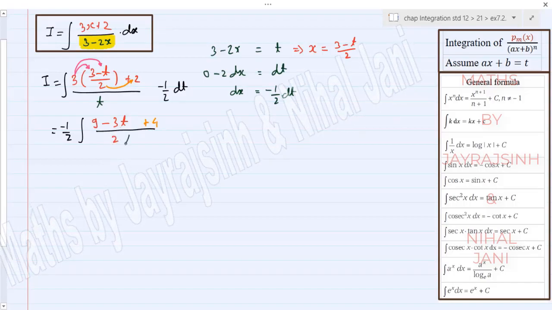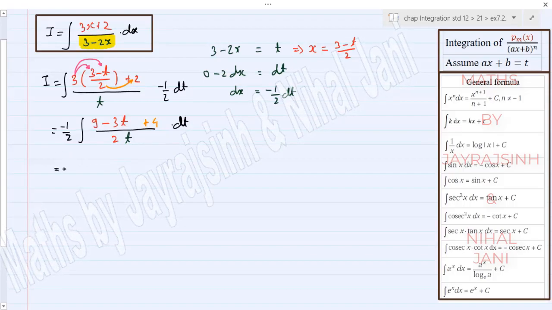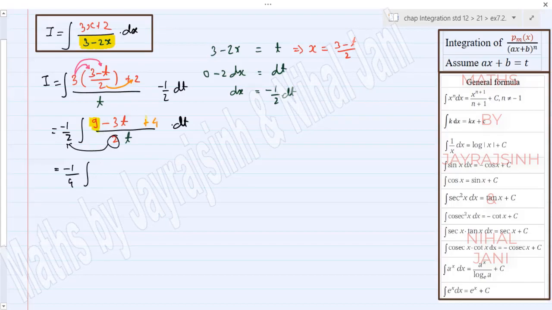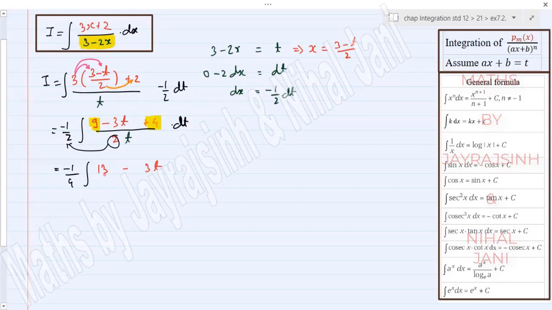And your t still remains as it is. So here minus 1 by this 2 can be multiplied with 2 and will give us 4. Integration of 9 plus 4 will give us 13 minus 3t.